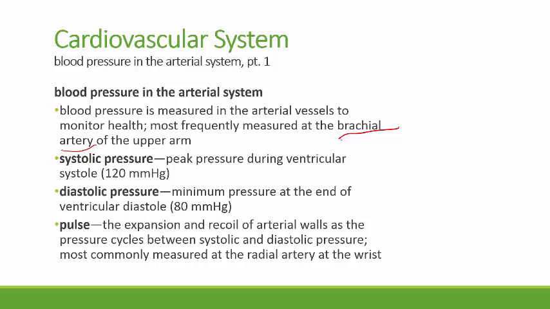So pulse is measured at the radial artery, blood pressure generally measured at the brachial artery. Although sometimes you can use, say, the femoral artery to measure blood pressure. Sometimes even pulse is measured down near the ankle. So lots of different places that this information can be collected from on the body.